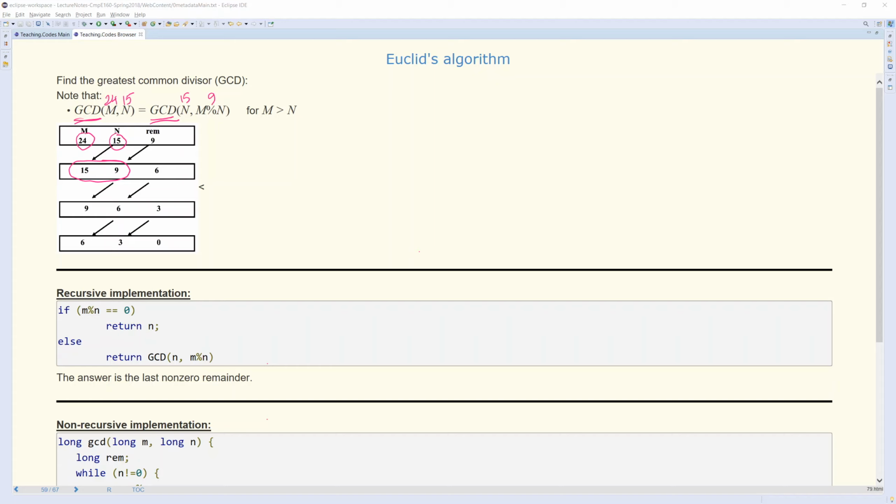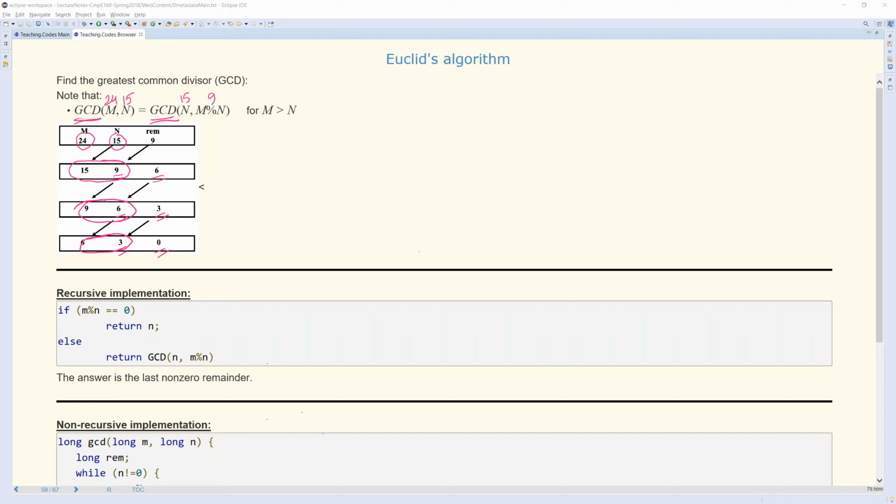That is equal to the greatest common divisor of 9 and 6, which is equal to the greatest common divisor of 6 and 3. And that is equal to the greatest common divisor of 3 and 0, and that's where I stop.